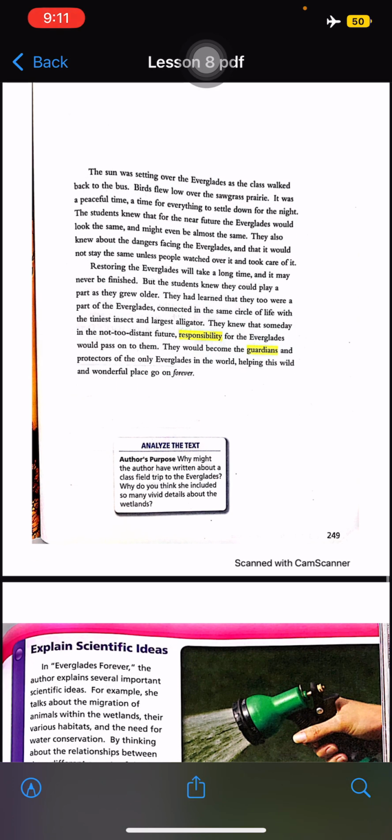They are now taking responsibility for the Everglades, and how they will be the guardians in the future for this place. It's a very beautiful text speaking mainly about the wetland, which is the Everglades.